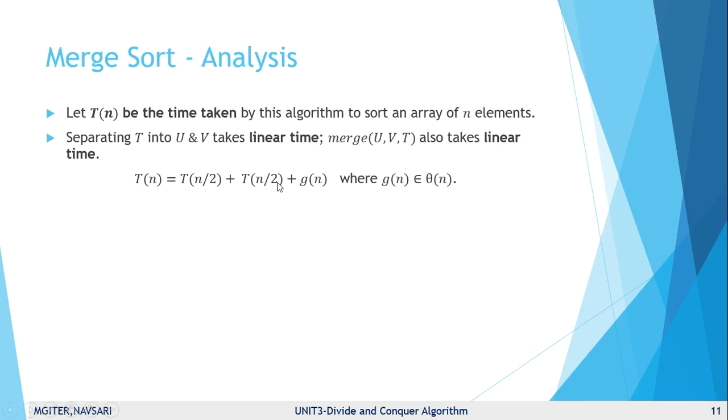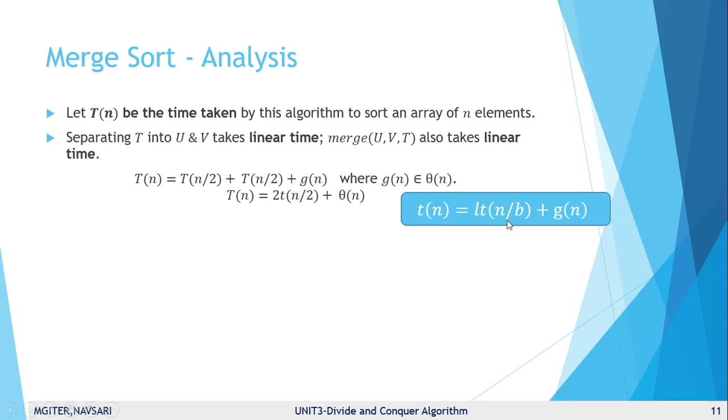So the recurrence relation for merge sort is T of n equals T of n by 2 plus T of n by 2 plus g of n, where g of n belongs to theta of n. So T of n is equal to 2T of n by 2 plus theta of n.